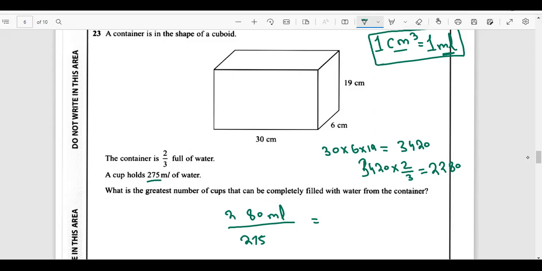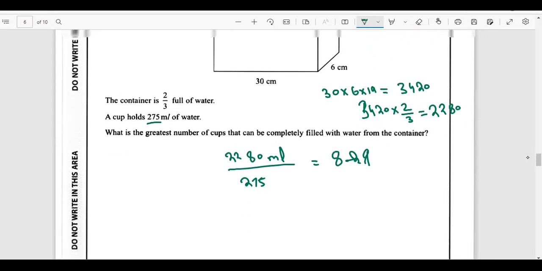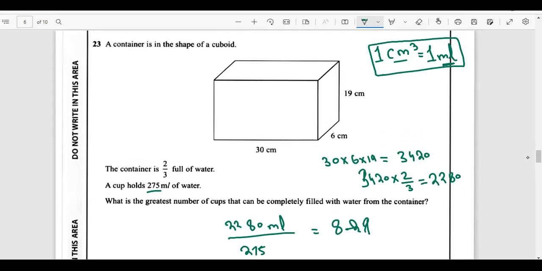And this is going to give you 8.29. Now this 8.29 is basically a decimal number. The question said you need to fill the cups completely, so you will not fill 8.29, you're just going to fill 8 cups completely. So the answer is going to be 8 cups.